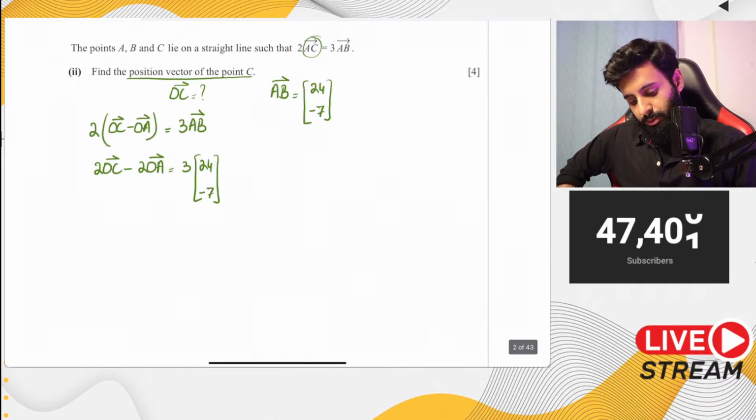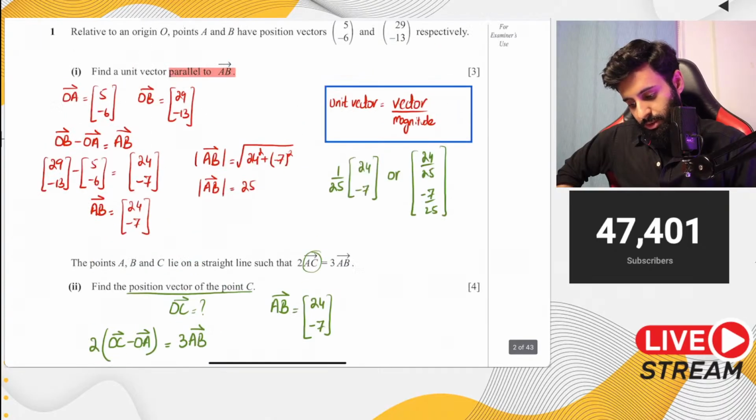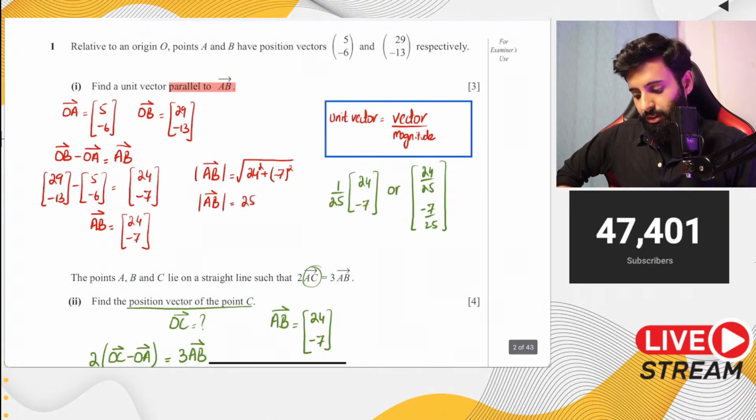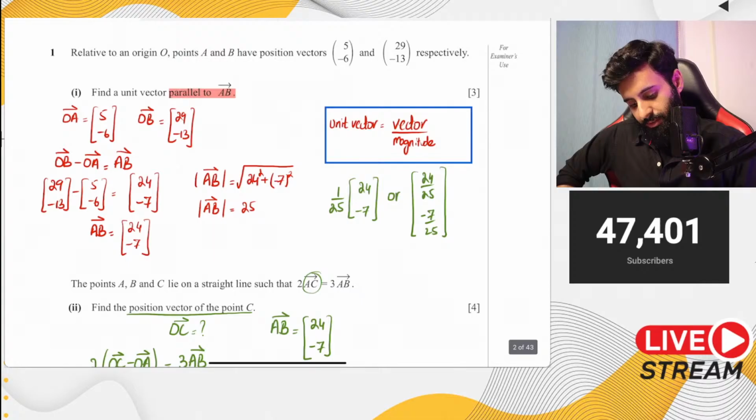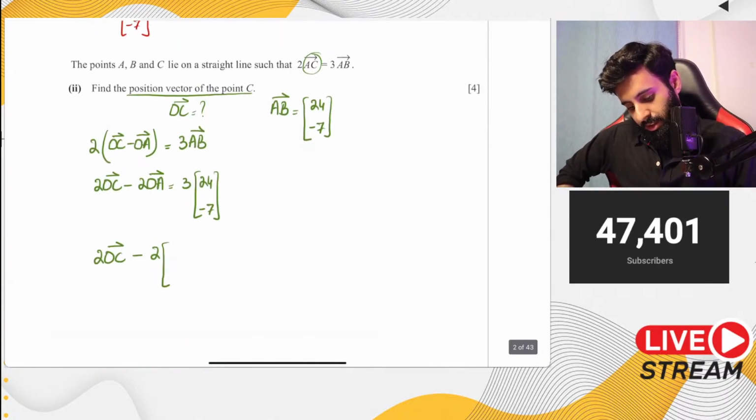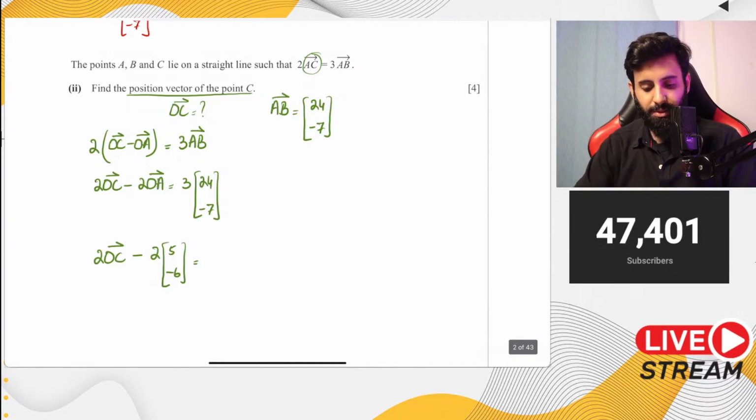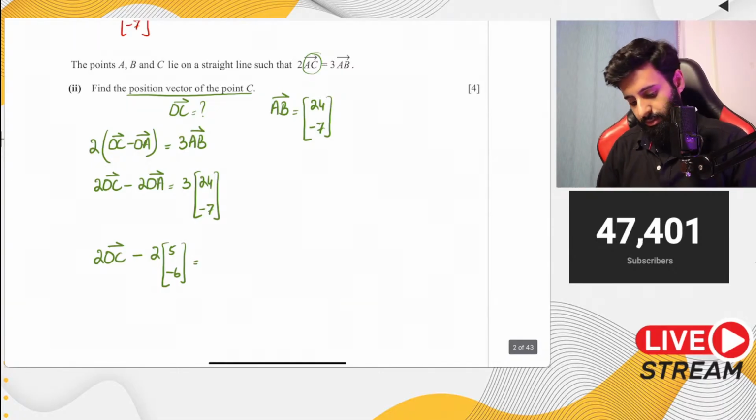So that's what we're going to do. 2 times of OC minus 2 times of OA. Now what's OA? OA means basically the position vector of A, which is 5 and minus 6. So let's write that 5 and minus 6 equals to, now let's start simplifying this. 3 into 24, that's 72. Okay, and 3 into minus 7, that's minus 21.